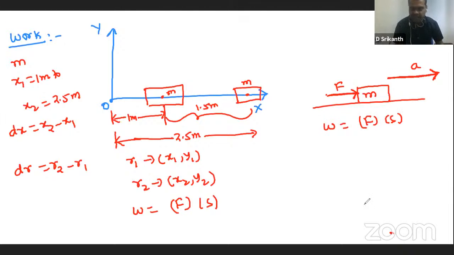Now suppose it is a rough surface having a coefficient of friction mu. Whenever I apply a force, a frictional force will act.